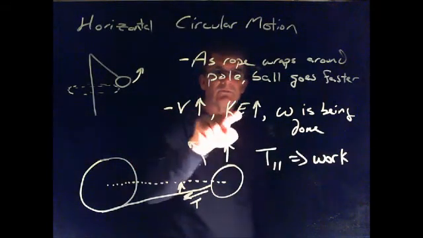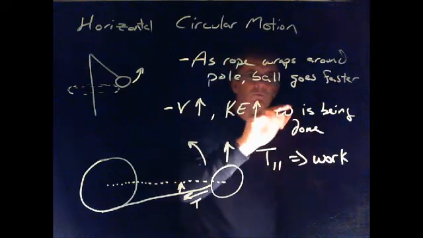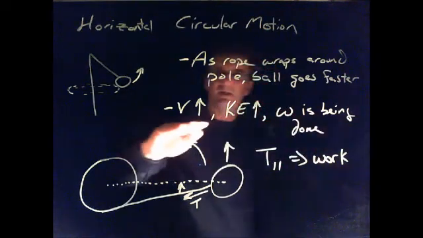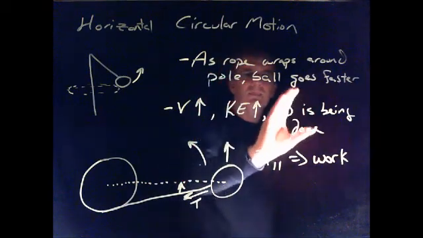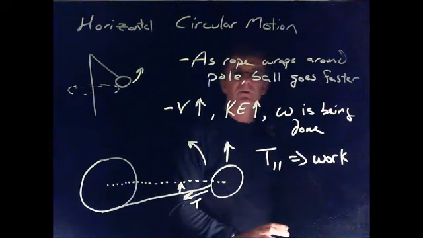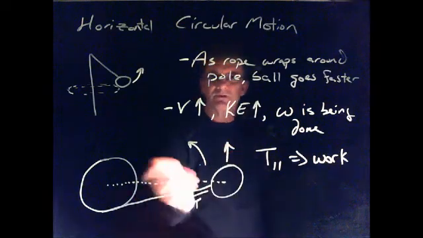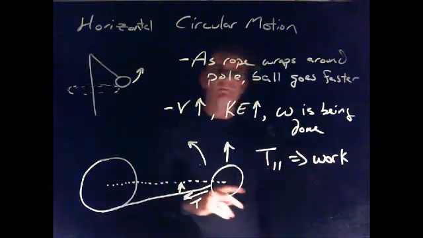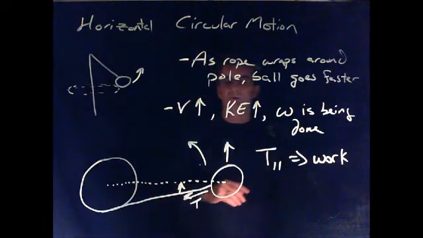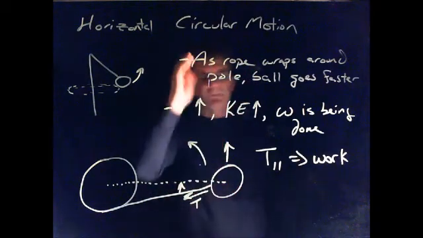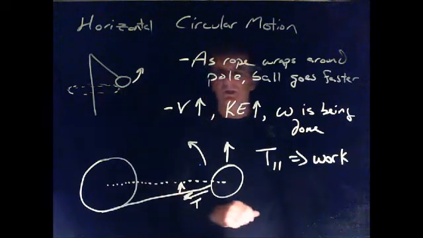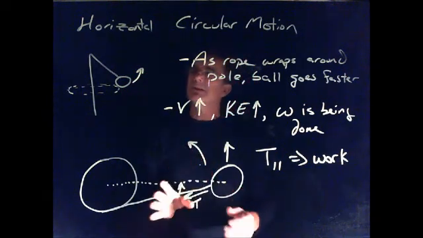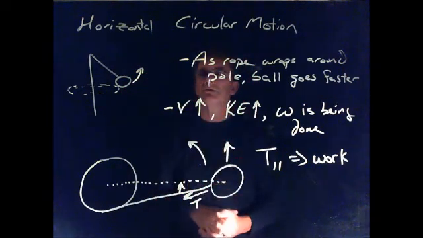The velocity is increasing, kinetic energy is increasing, work has to be done. If they make that connection, then that's huge. If work is being done, there must be a parallel force. The only force present is tension, so there must be a component of tension that's parallel to the motion. And this is part of this whole course. They've got to make these little connections. Even though it might not make sense, they still need to make these connections.